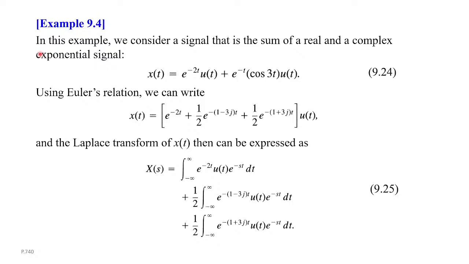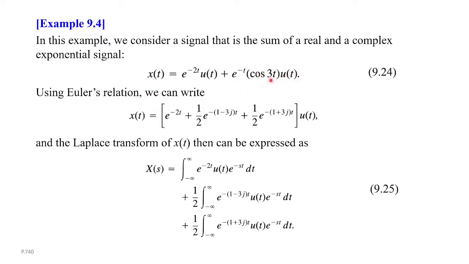Yeah, we go complex exponential to get cosine here. So now our signal is once again a real exponential decay, and another real exponential decay times this cosine function. So this is a real function, but we want to break it into complex exponentials.